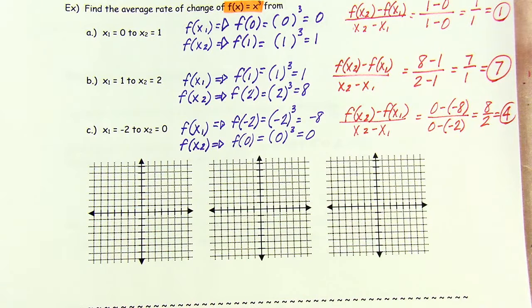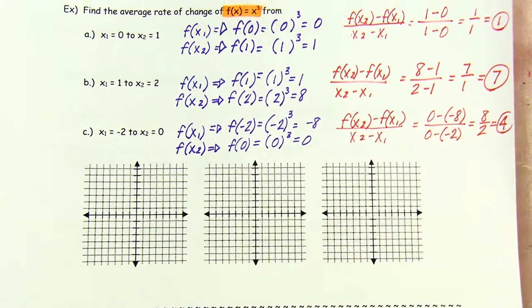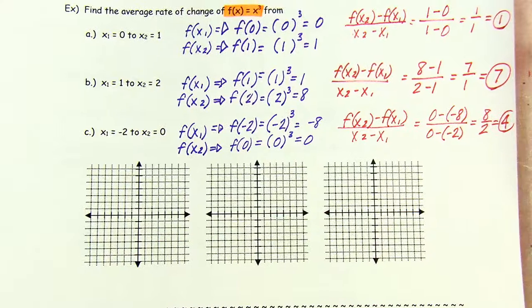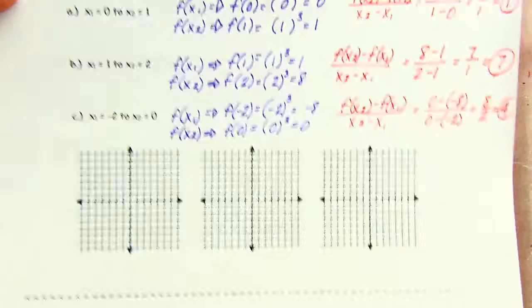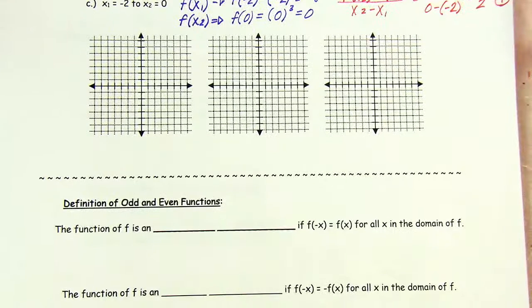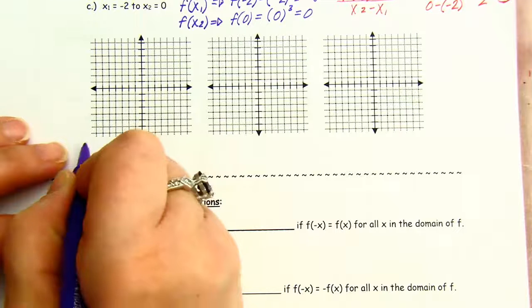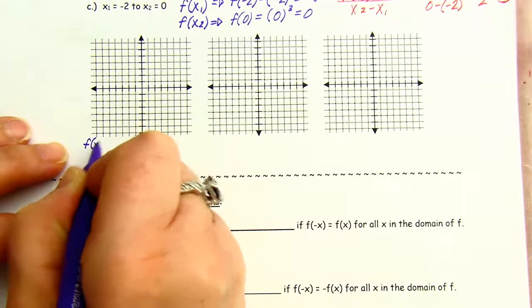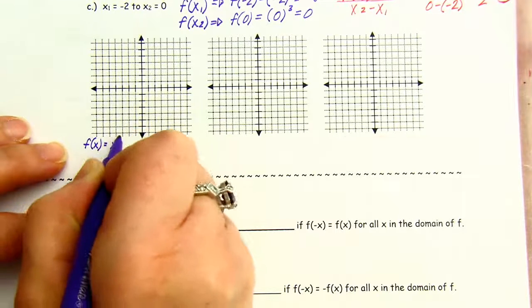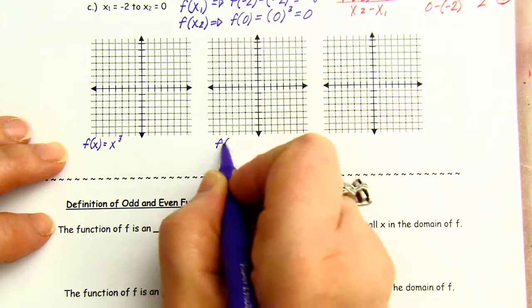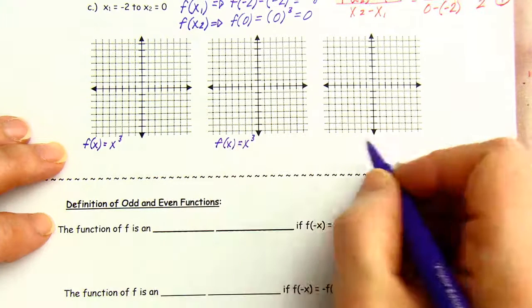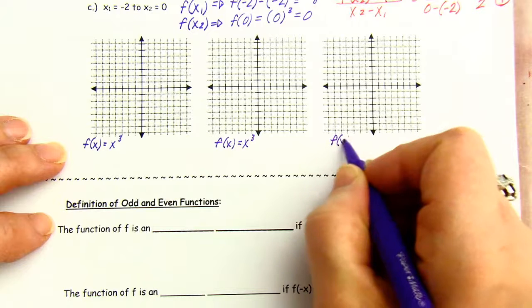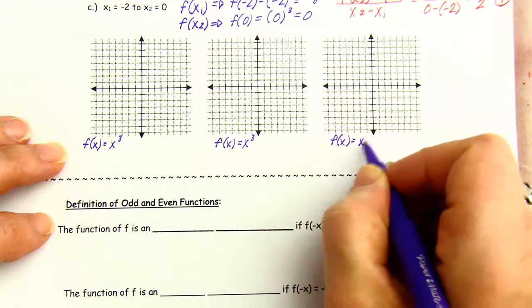All right, so now what we're going to do is graph this and actually show you and prove that this is true. For the 3 graphs, we are going to graph f of x equals x cubed 3 times.